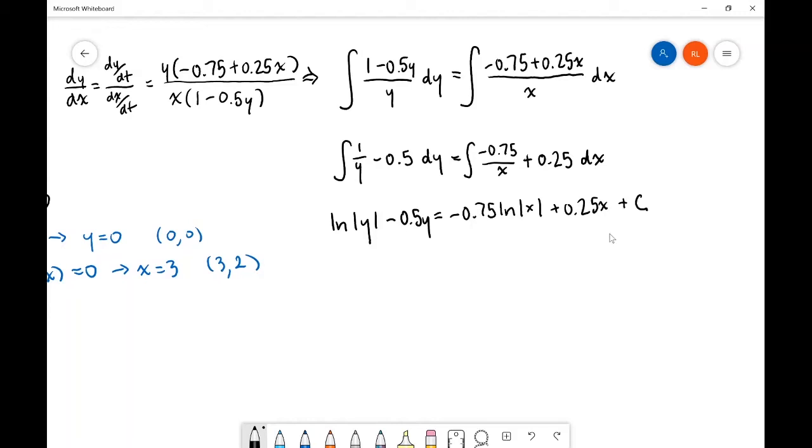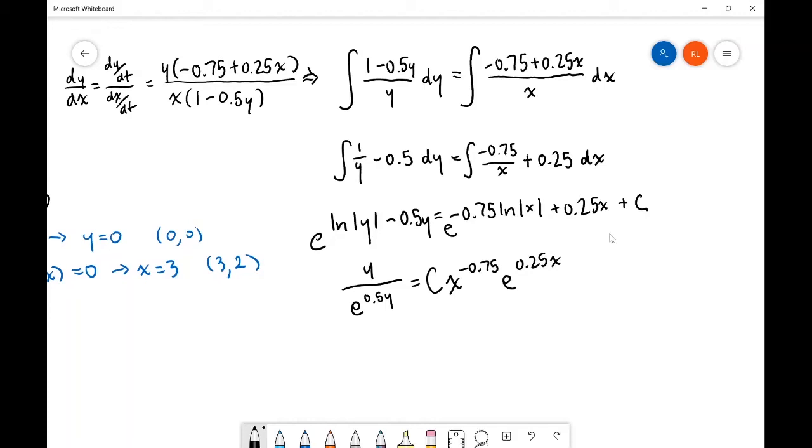And taking the exponential of both sides, we get y over e to the 0.5y is equal to c, so this would be a different c than our original c, x to the negative 0.75 times e to the 0.25x.